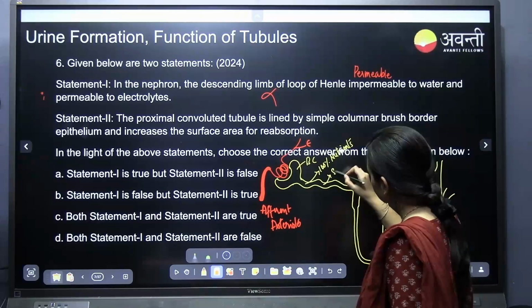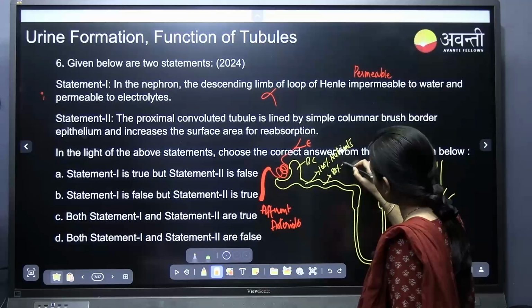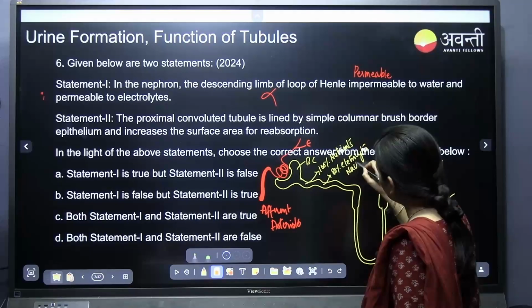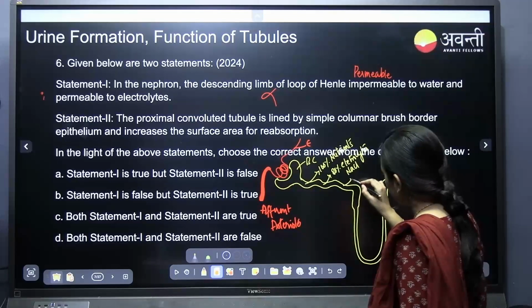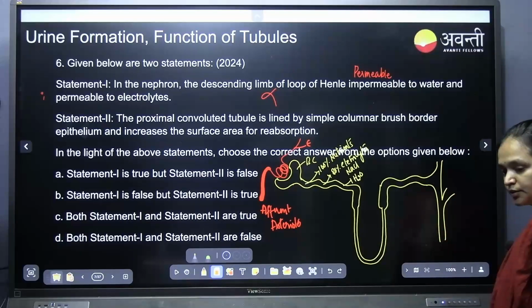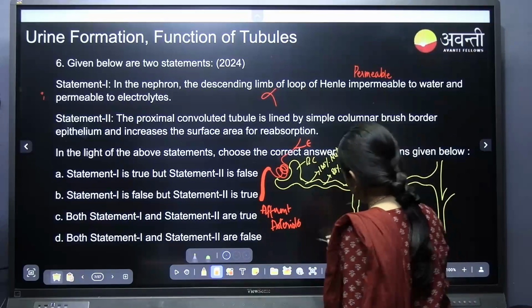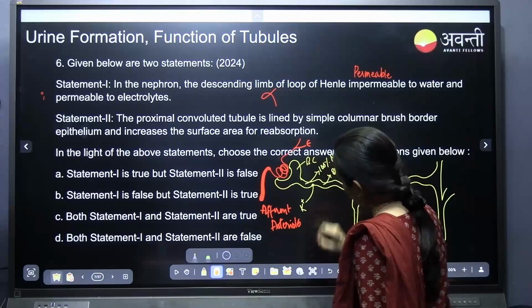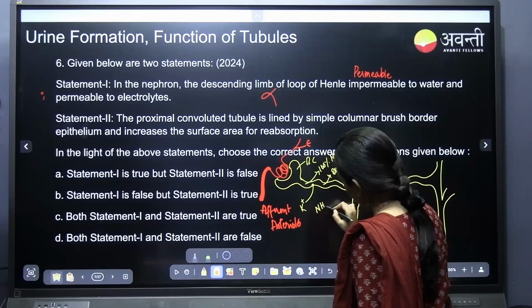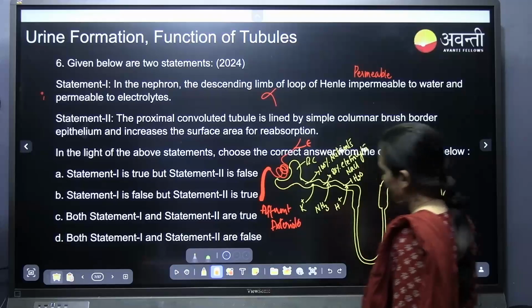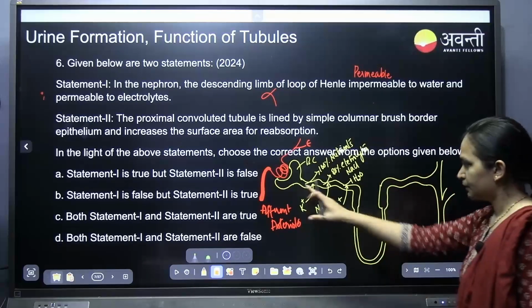Then around 70 to 80% electrolytes, that is NaCl, will be reabsorbed, and almost 80% of water will also be reabsorbed in PCT. Secretion of what all takes place? Secretion of potassium ions, ammonia, and H plus ions takes place in PCT.